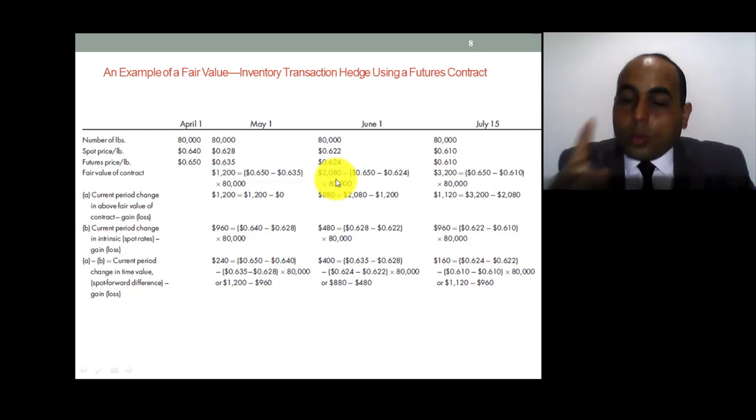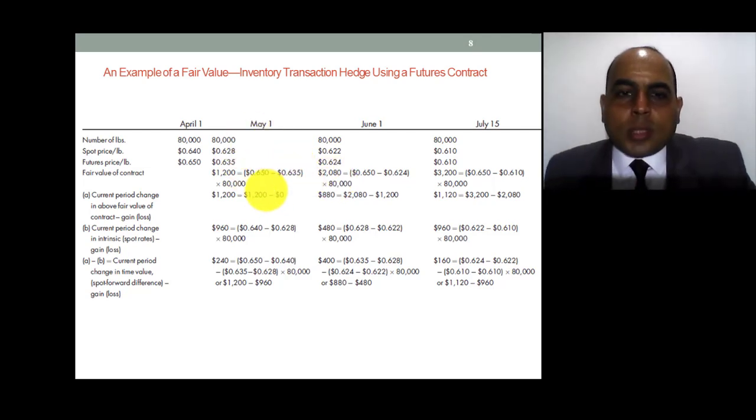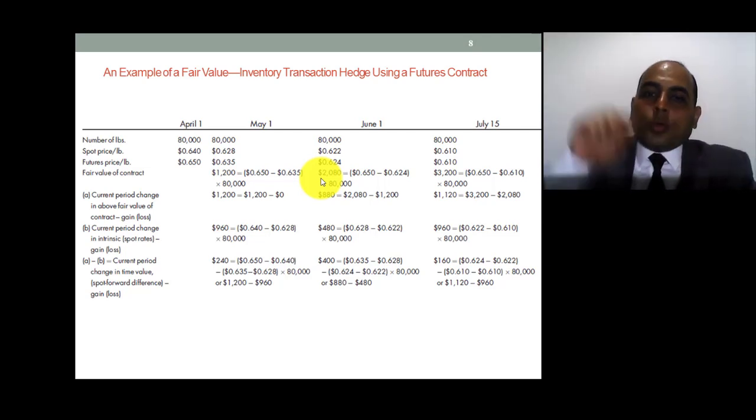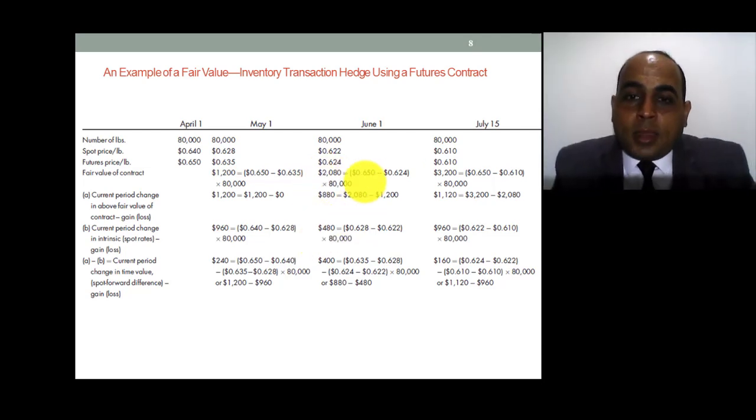But be careful, already in May we have recorded 1,200. The 1,200 is included here in the 2,080. So the amount occurring in June is 880, the difference between the total amount and the amount occurring in May.